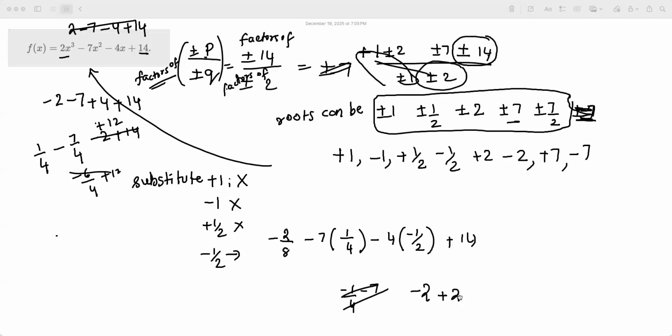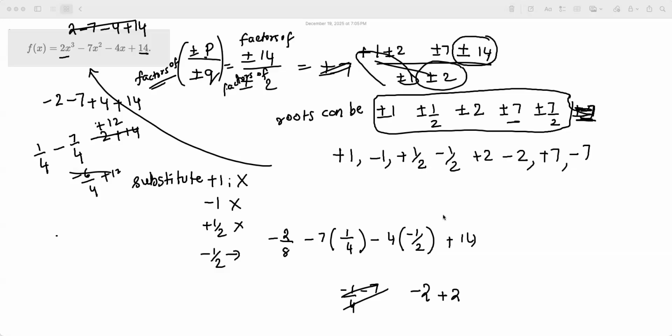Something feels very wrong. What did I give you? Did I give it to you correctly? I cut pasted, right? What was the problem? Let me quickly check. 2x cube, right? It was an easy one, I thought. Minus 7x square minus 4x plus 14 is correct, guys.